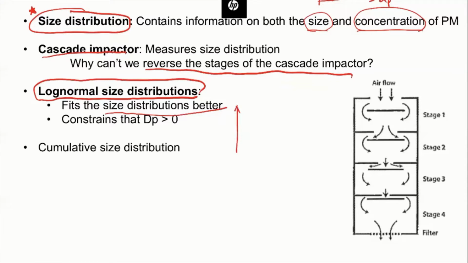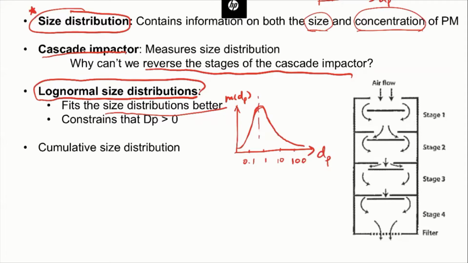When we plot the size distributions, the x-axis goes according to the log scale, and normally the PM in the atmosphere shows a size distribution that looks like this. Under this situation, we can easily use a log normal size distribution to fit it.